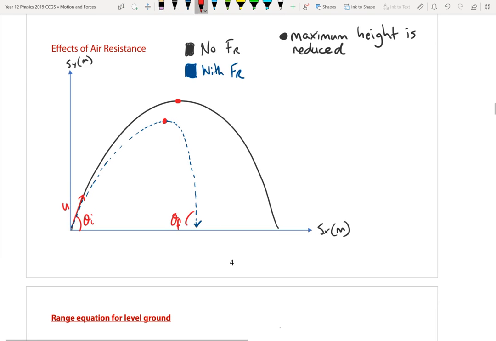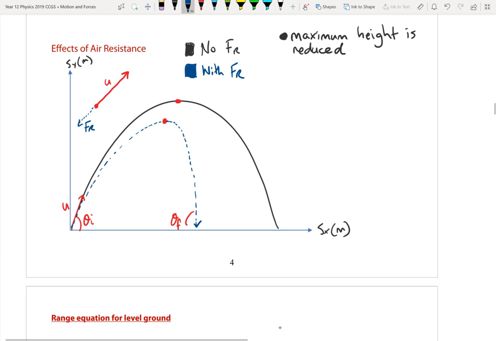There is a reason for that, and the reason is that air resistance is going to oppose the motion in both x and y. So now what I want you to think is, without air resistance, the only force acting is a downwards vector which we call mg, weight.